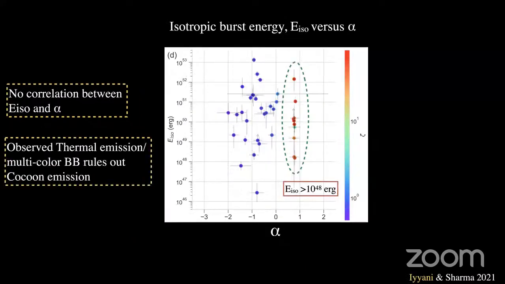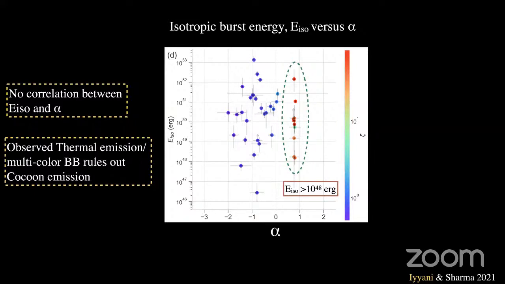The other thing is we looked at the isotropic energy. For all those bursts which had a thermal kind of spectra, they all had values greater than 10 to the power 48 ergs. So we are looking at a generic picture of things.